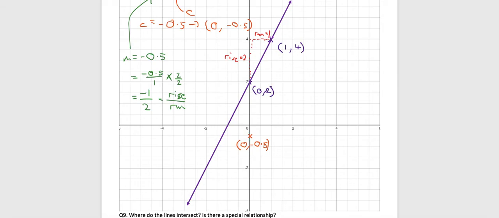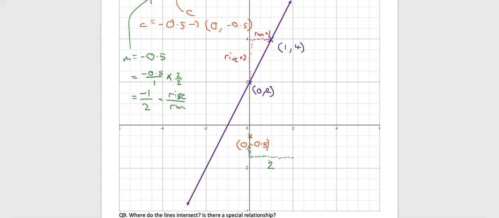So doing the rise and the run from this point, we have to rise negative 1. Rather than going up, because it's negative, we have to go downwards. And then on the run, because it's positive 2, we're going to go to the right. So 1, 2. Done.